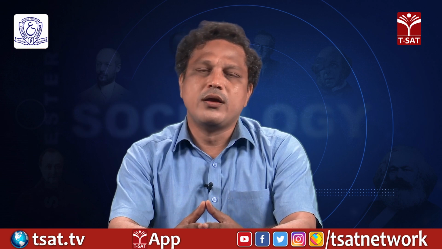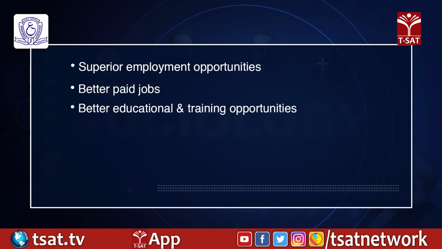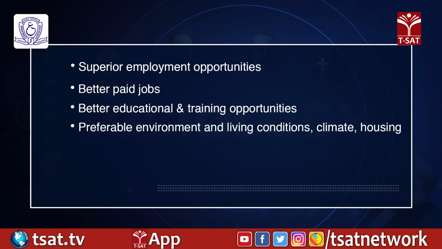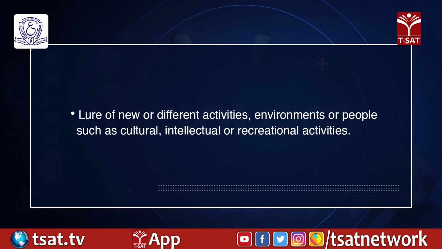The features which pull the people towards other areas are superior employment opportunities, better paid jobs, better educational and training opportunities, preferable environment and living conditions, climate, housing and other community facilities, better chances to access services, religious and political activities that can be carried out safely, quality of life, lure of new or different activities, environments or people such as cultural, intellectual or recreational activities.